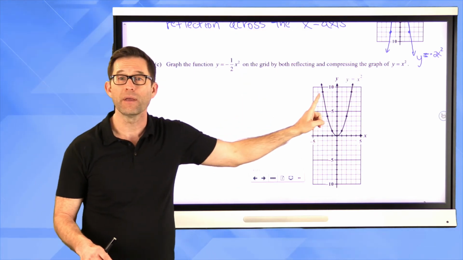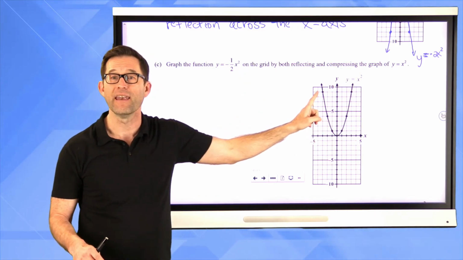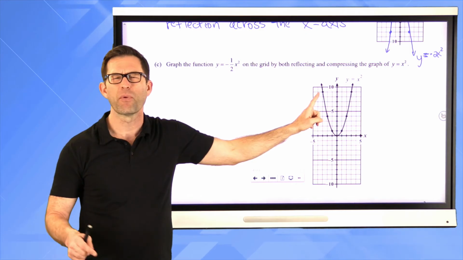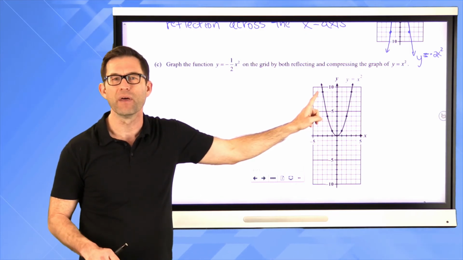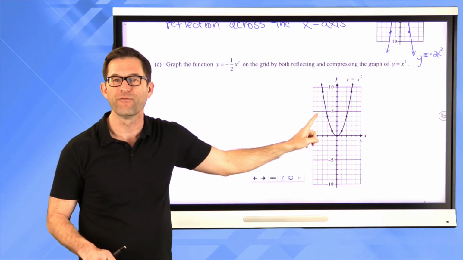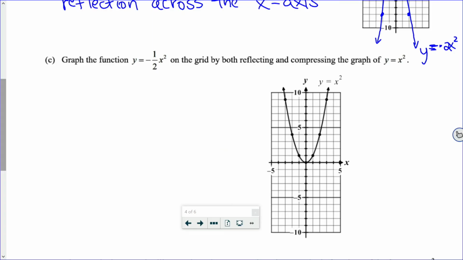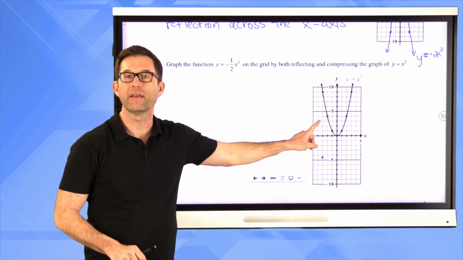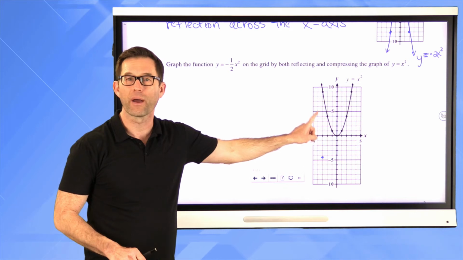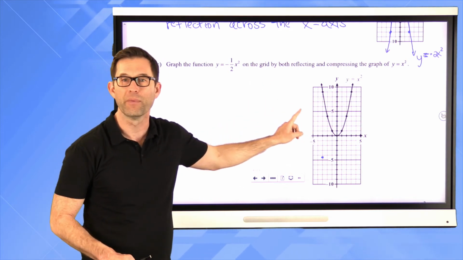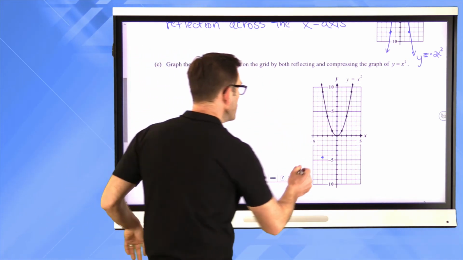So I could come here, right, and I could take that point at 9, and if I multiply it by negative 1/2, it's a little bit ugly because it would become negative 4.5, but I could do that, right? I divide by 2 and I multiply by negative 1. Here's a little bit of a nicer one. Right here, this y value of 4, when I multiply it by negative 1/2, will become a y value of negative 2.